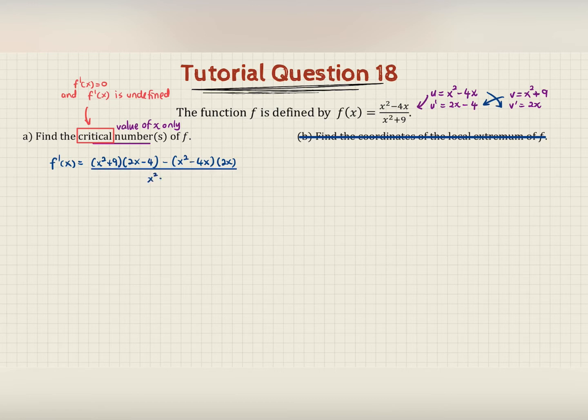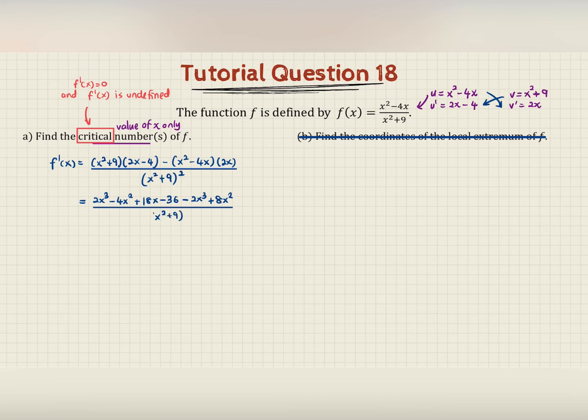So x square plus 9 square. Okay, ini saya explain dahulu sebab kita boleh simplify juga. 2x cube minus 4x square plus 18x minus 36 minus 2x cube, negative will be positive 8x square, over x square plus 9 squared.